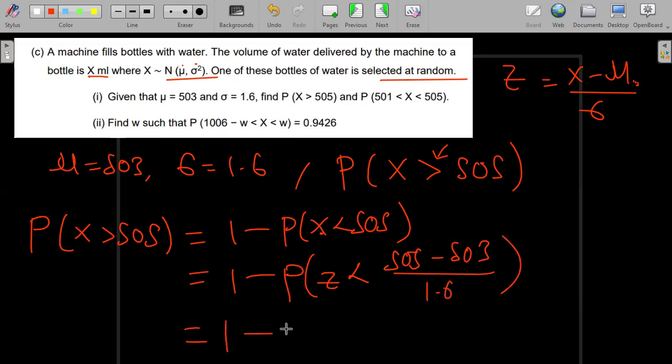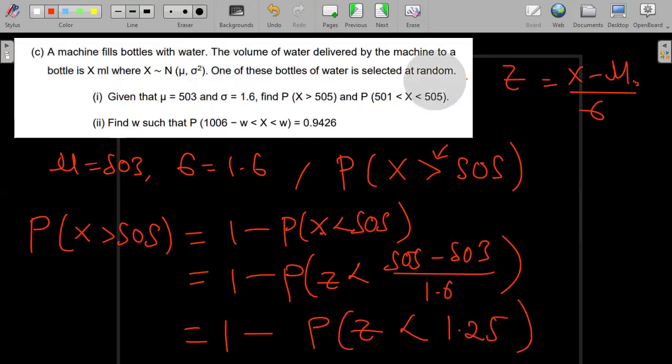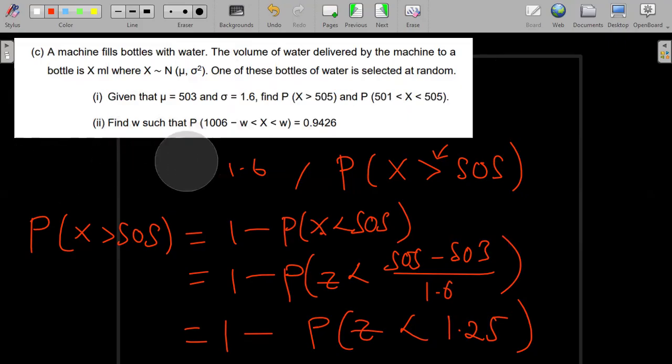So here we have 1 minus the probability that z is less than 505 minus 503, which is going to give me 2. 2 divided by 1.6 is going to give me 1.25. Okay, so that's the probability that we are finding there.